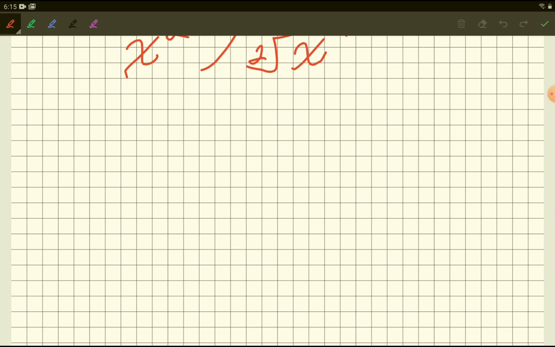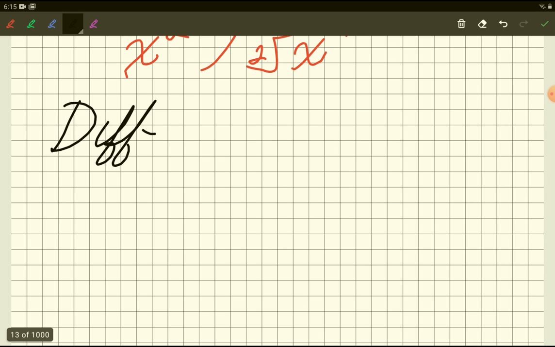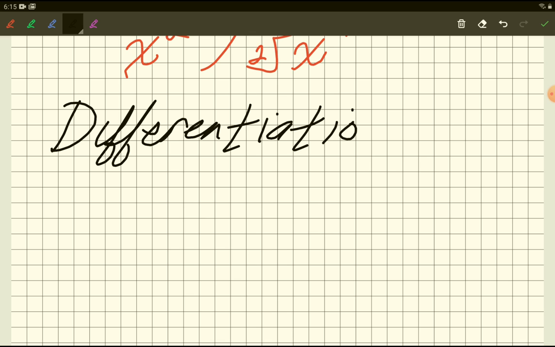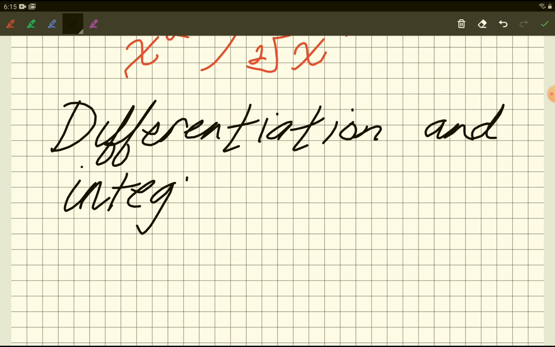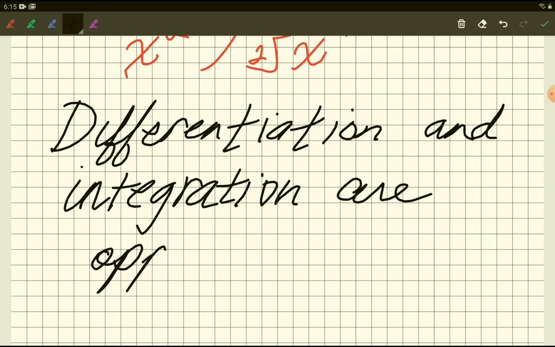differentiation and integration are opposites. They undo each other.